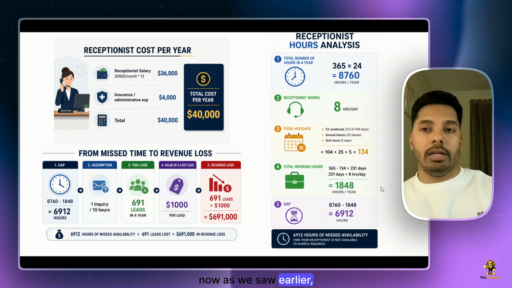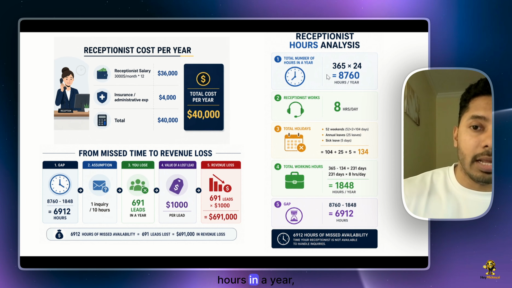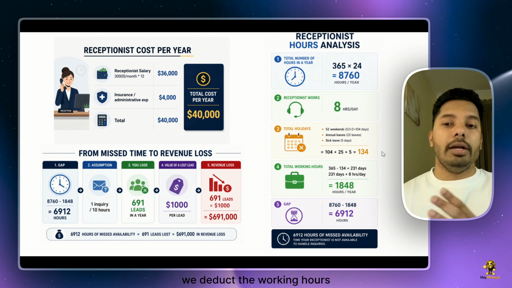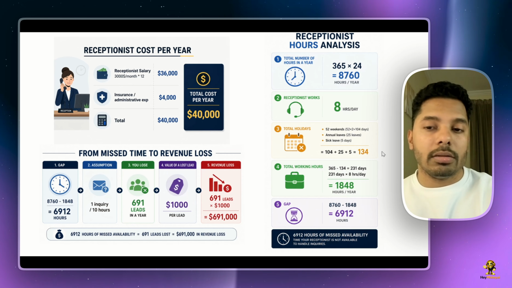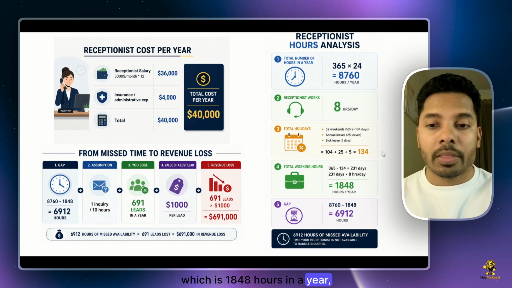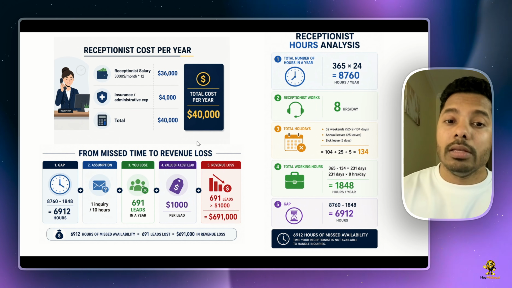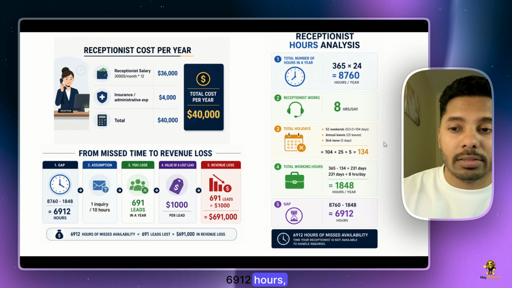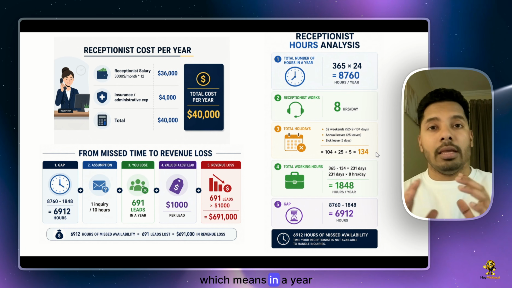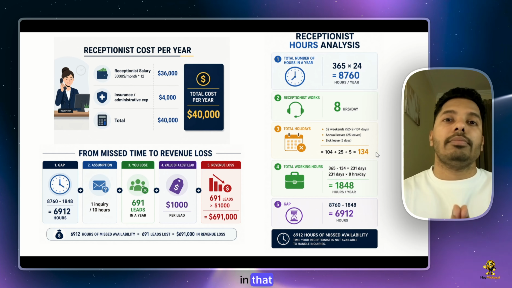Now, as we saw earlier, there are about 8,760 hours in a year. We deduct the working hours by the receptionist, which is 1,848 hours in a year, and we get the gap, which is about 6,912 hours, which means in a year, there is no one in that business.